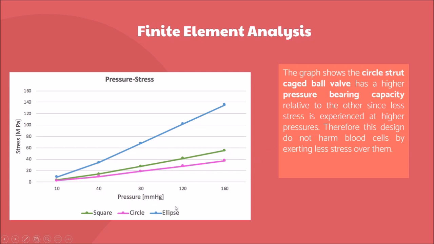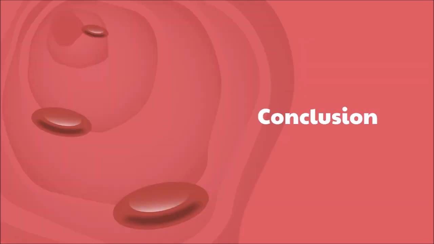Therefore, this design does not harm blood cells by exerting less stress over them. As we can see from the graph, the circle generates less stress at higher pressures. Therefore, they are less likely to harm blood cells, reducing the risk of thrombosis generated by the mechanical valve.